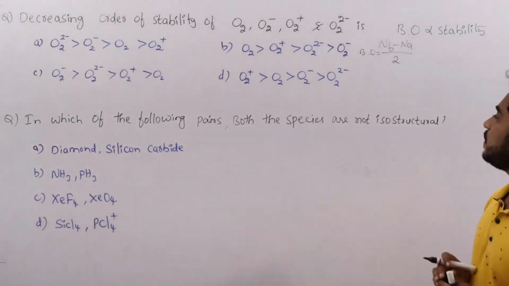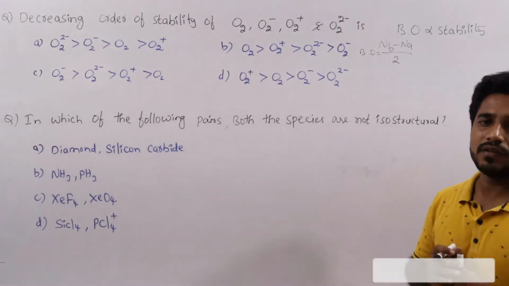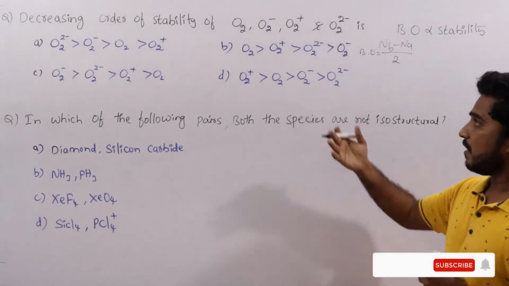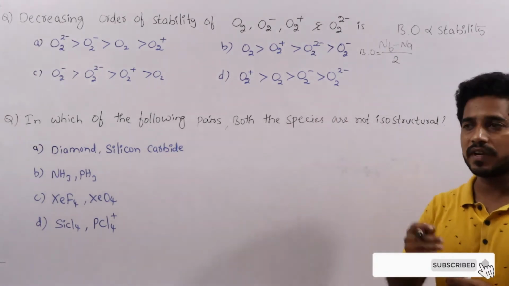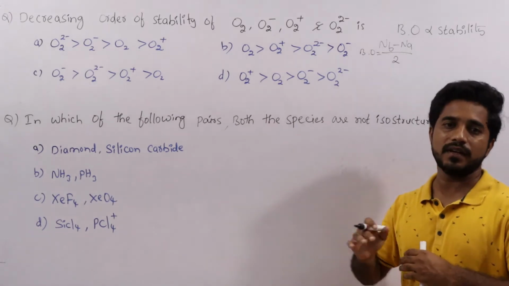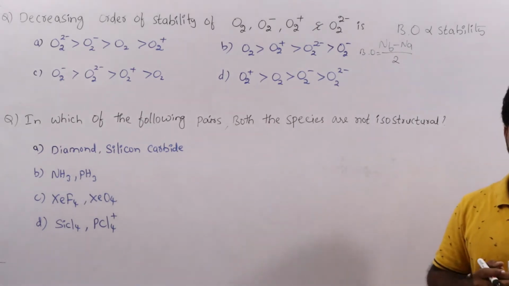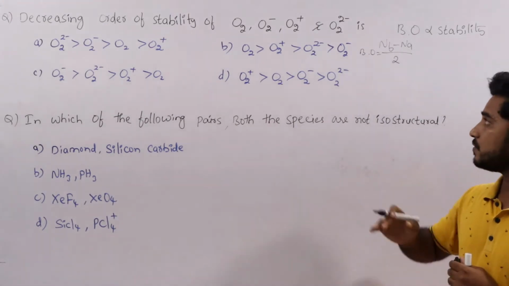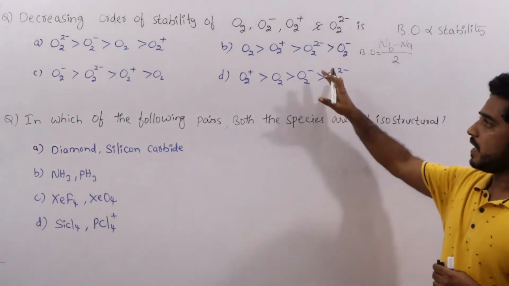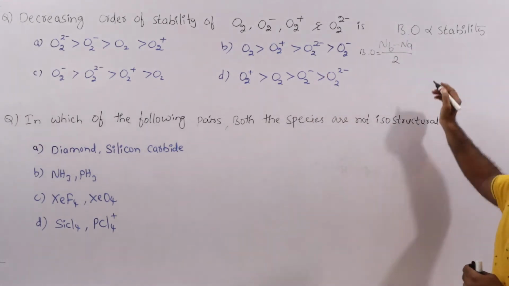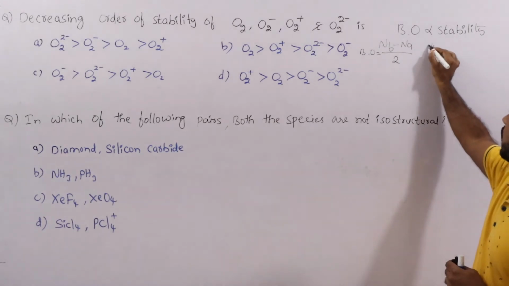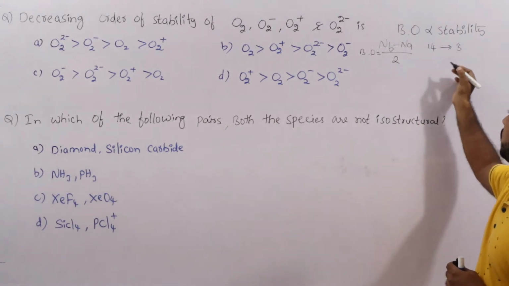But here we can also calculate the bond order directly, using a simple trick that I already explained in the molecular orbital theory video. For 14 electron species, bond order 3.